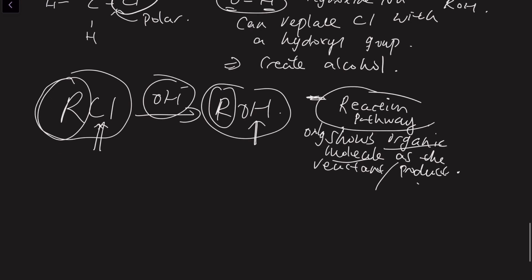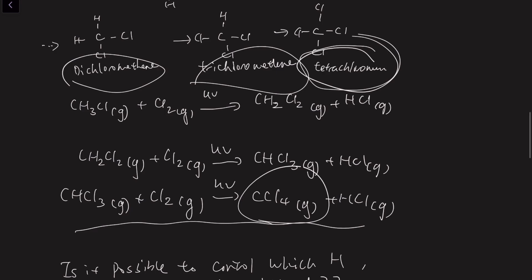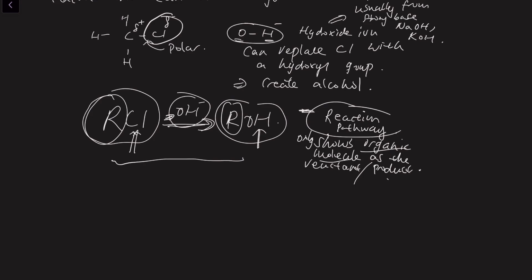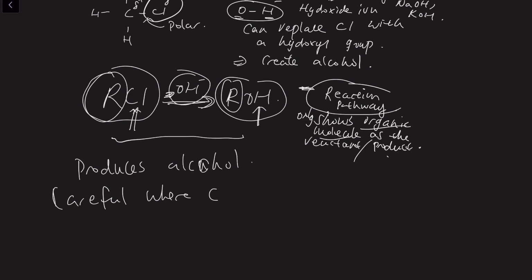For the reaction pathway, the thing at the top is actually one of the reactants. And for a proper chemical equation, the thing at the top indicates a catalyst. So don't be confused between these two. So although we know that this process produces alcohol, we should also be very careful about where the chlorine atom is.